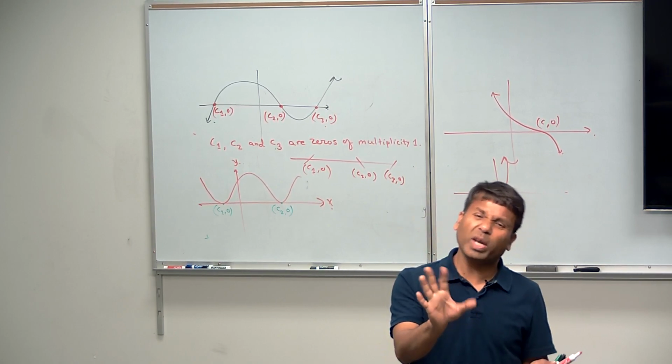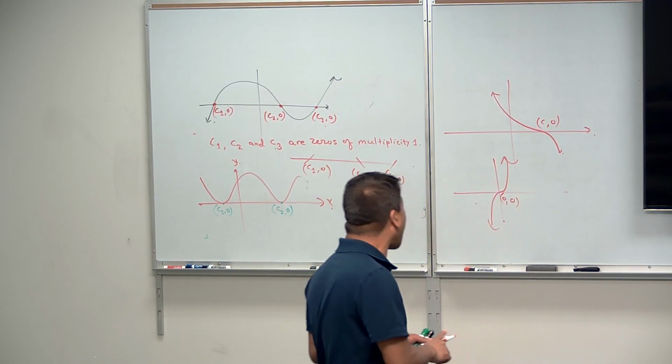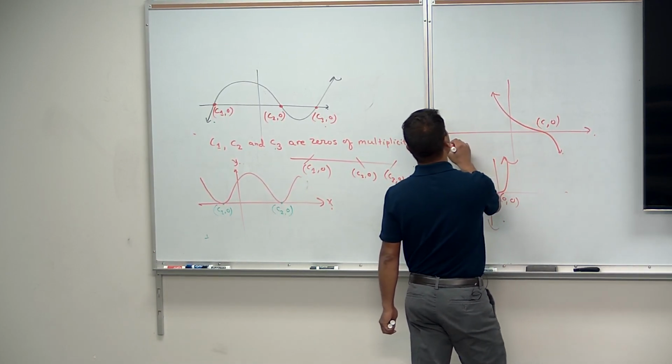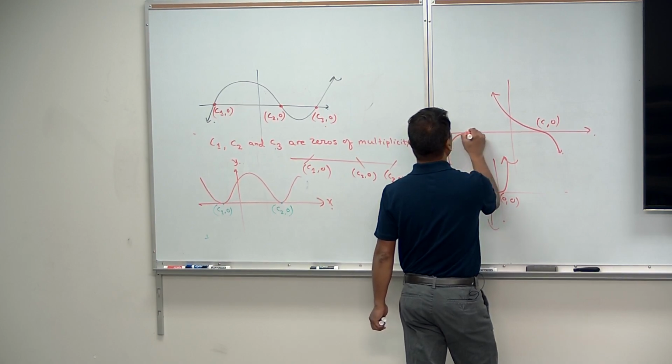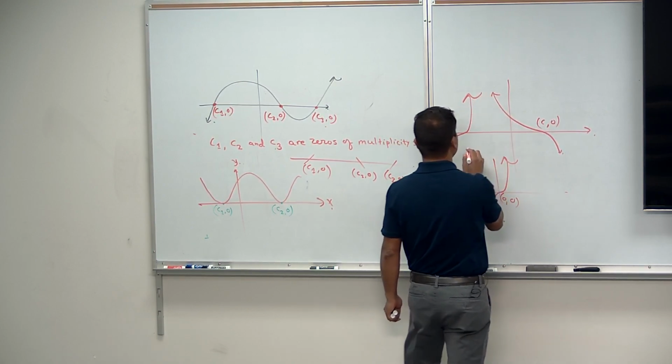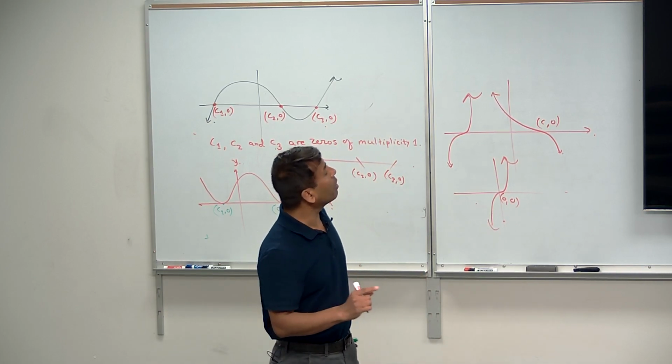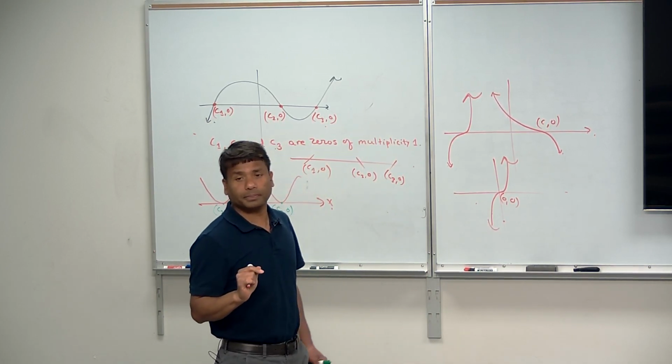So it's kind of a wiggle, you know what I mean? So in that case, this is a zero of odd multiplicity greater than 1, okay? Odd multiplicity greater than 1.